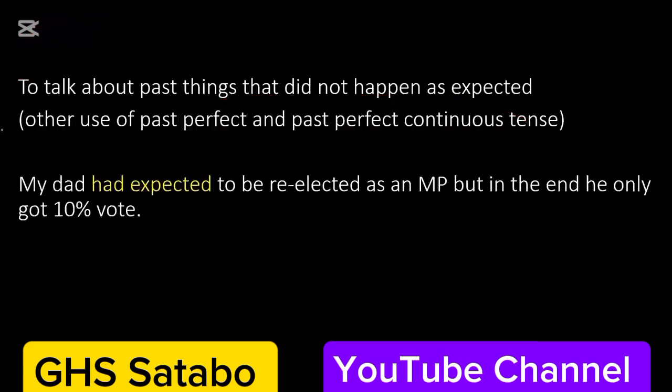An example: my dad had expected to be re-elected as an MP, but in the end he only got 10% of the vote. So there was an expectation and he wanted things to happen, but it didn't happen that way. You can use past perfect tense in this case or past perfect continuous tense as well.